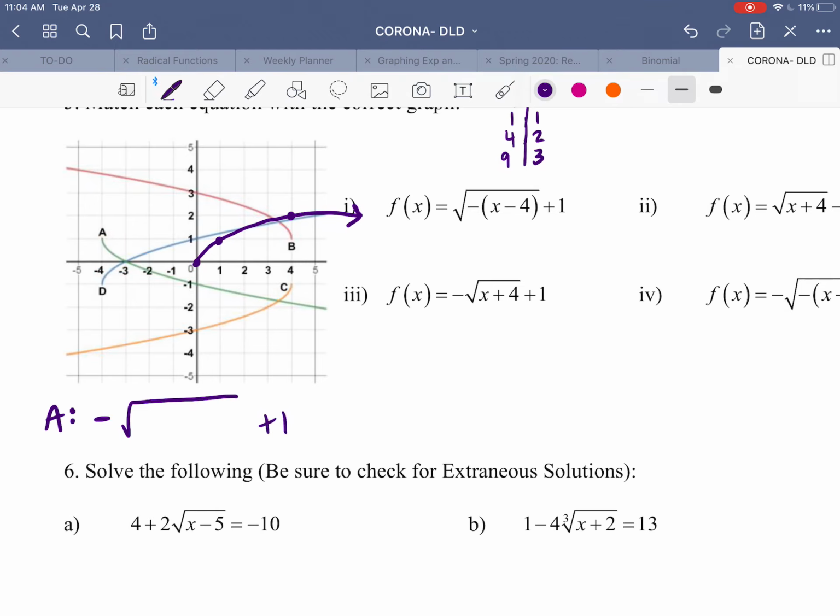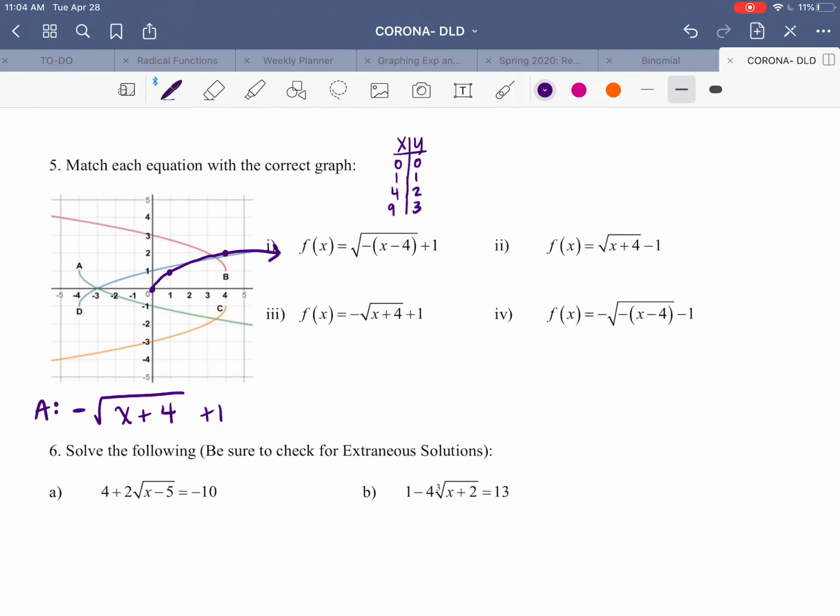So we're going to have a plus 1 on the outside for the up 1, and then left 4, which means in our equation it's going to look like x plus 4. Okay, so that's the new equation for A. Which one does this match up to? This looks like 3. So we know that 3 is going to be A.